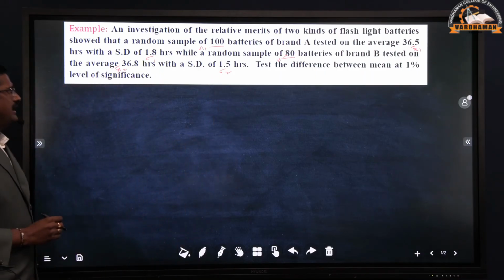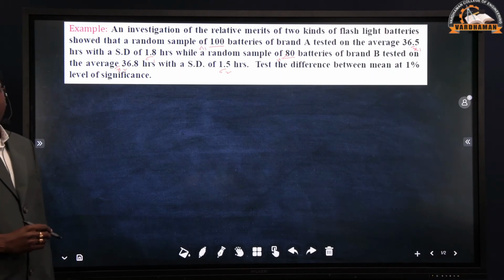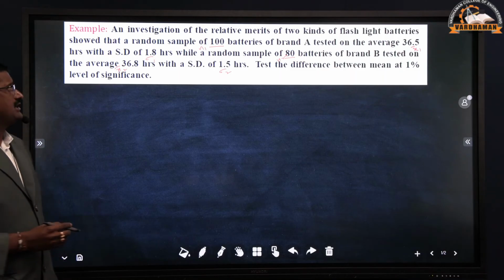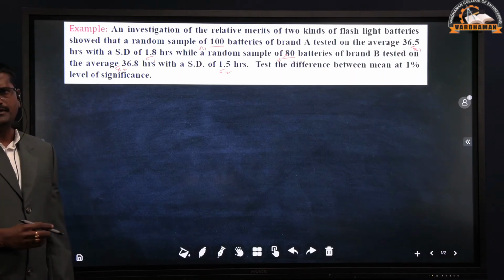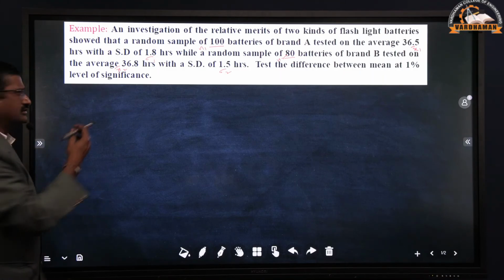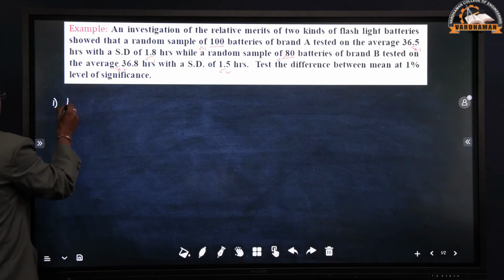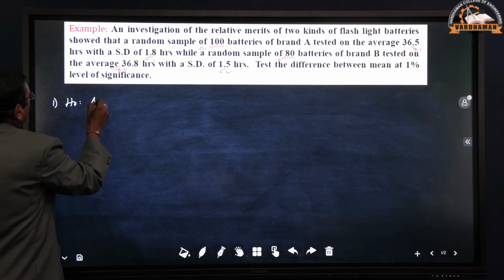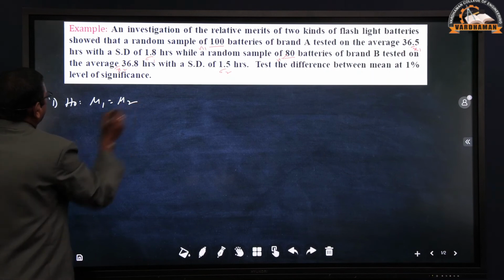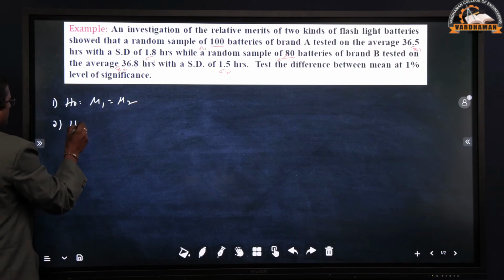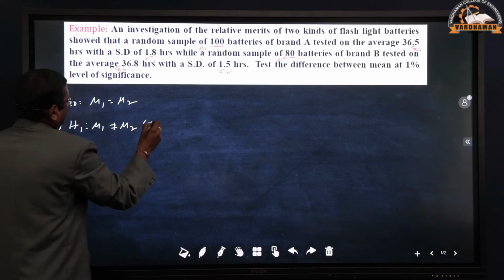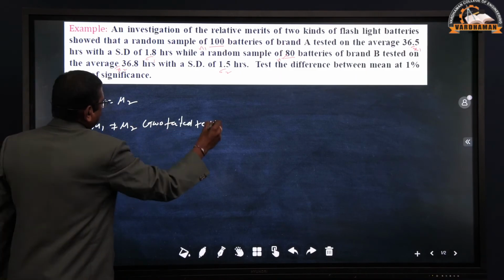So with n1, n2, x1 bar, x2 bar, we can apply Z test for difference of means, because here n1 and n2 are greater than 30, so large sample test we have to apply. As per the working rules, the first working rule is null hypothesis. We can denote it as H0, which is mu1 is equal to mu2, and alternative hypothesis H1 colon mu1 not equal to mu2. We can apply two-tailed test.